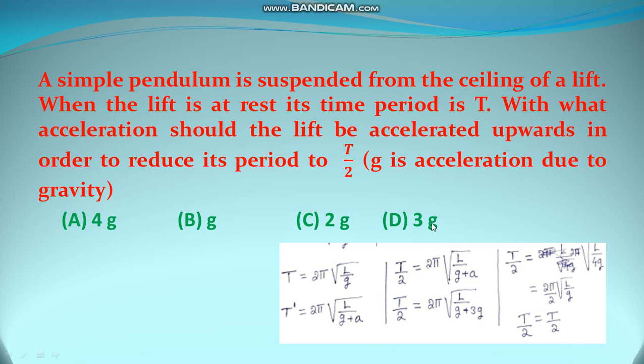If I substitute 3g, then you will get here 4g. 2 pi square root of L by 4g. So this 4 comes out as root 4, that is 2 pi square root of L by g. So it becomes T by 2. LHS is equal to RHS. So our answer is 3g.